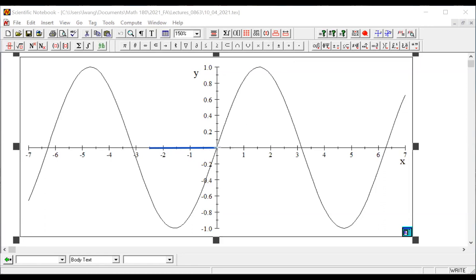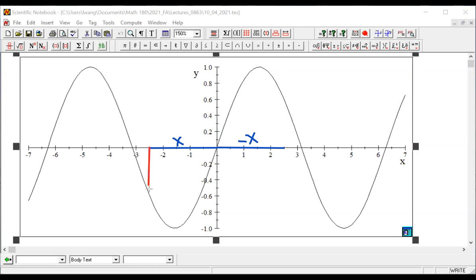The negative x will be its opposite, right? So this is x. That's a negative x. What's the output?